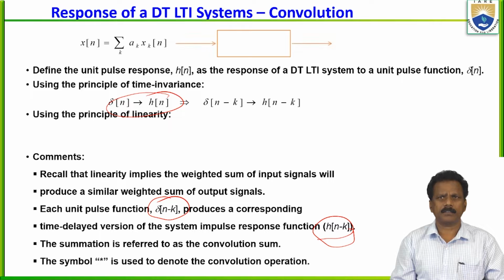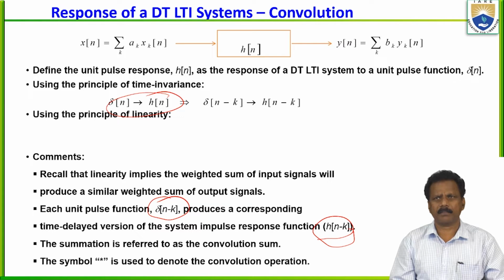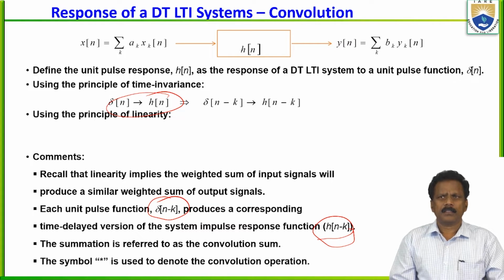With this, the input is given to the system, and we expect that our output response y of n is the summation over k of bk yk of n. The system is h of n, the unit impulse response. We will try to verify that the response y of n is equal to the summation of bk yk of n.